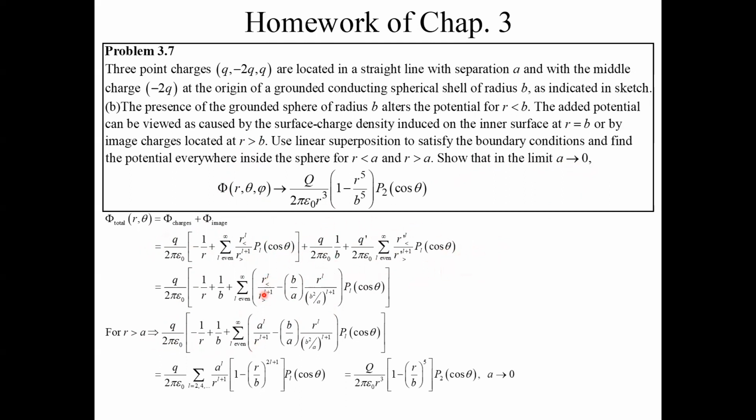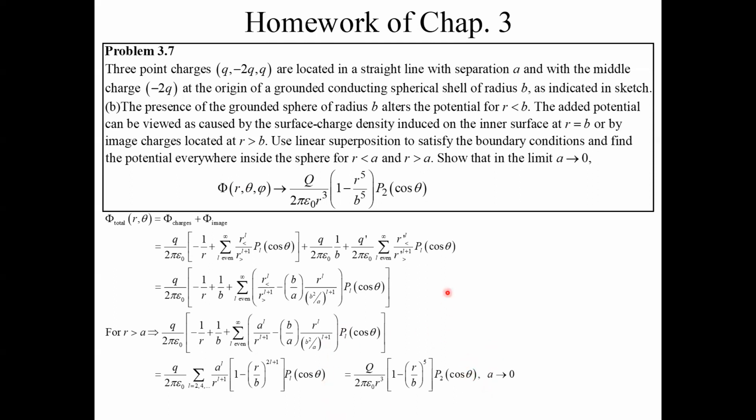And we take the smaller r as A, the larger r as R, position R, and make A approach 0. So many terms will collapse into 0, and only the first term survives here. Only the L equals 2 terms survive. So the answer is here.